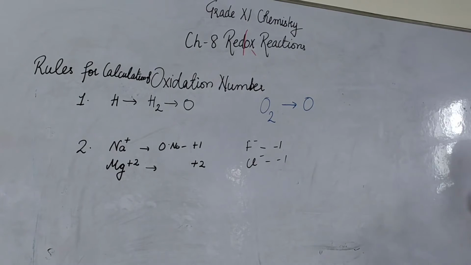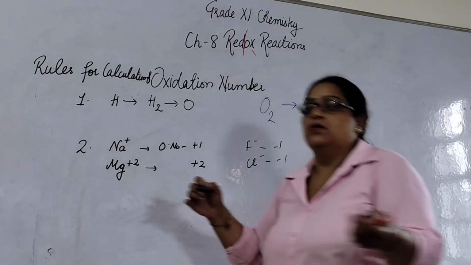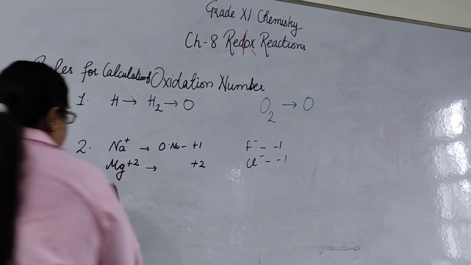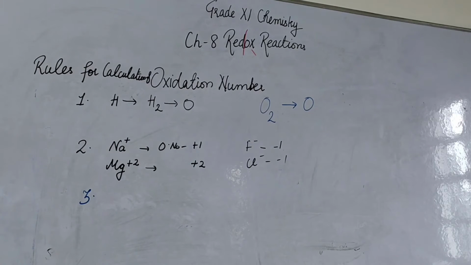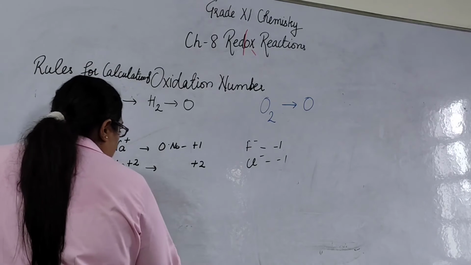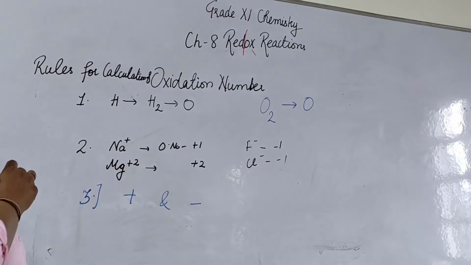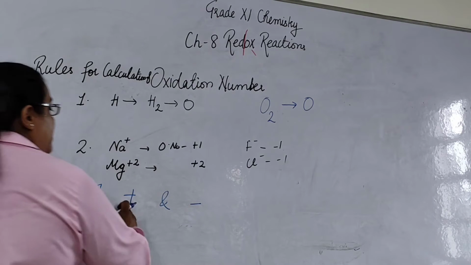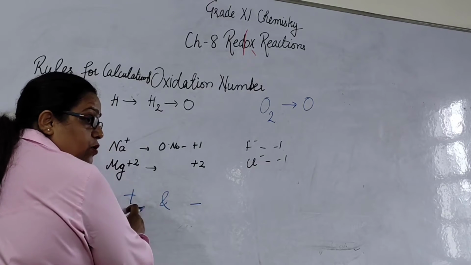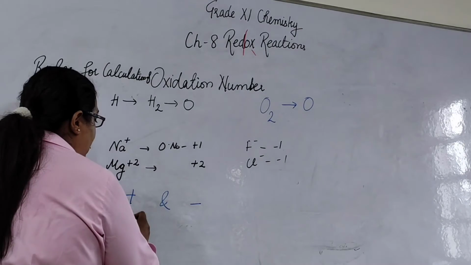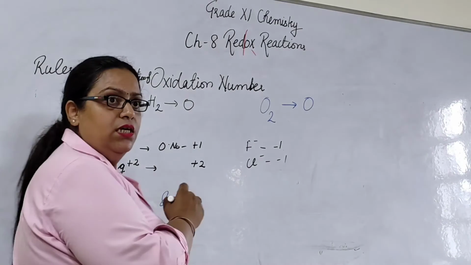Next is regarding hydrogen. Hydrogen can combine with metals as well as with non-metals, so hydrogen can have plus and minus charge. When it is reacting with non-metals, it will acquire plus charge.